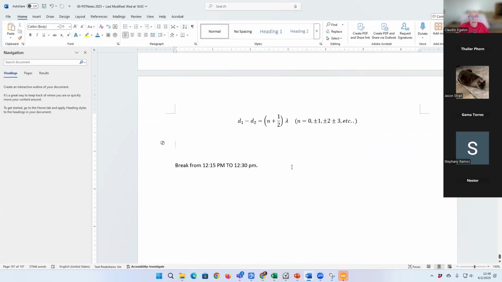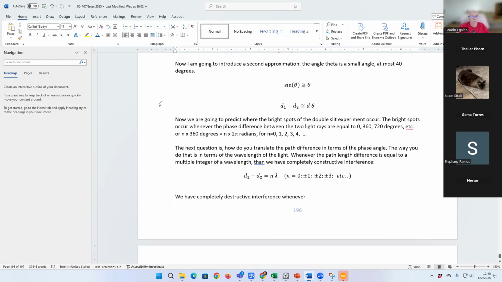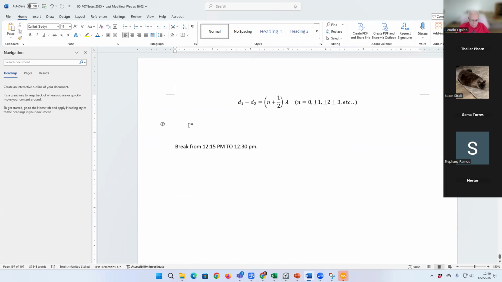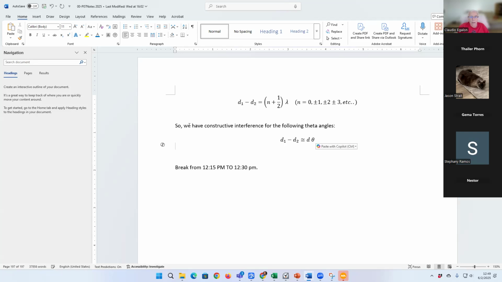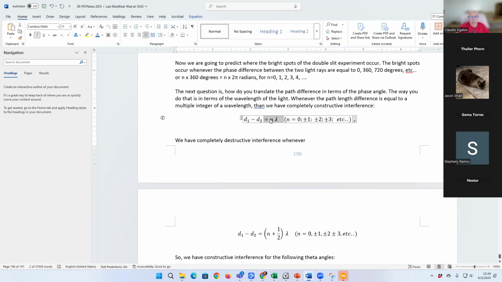So now we can write that down. We are going to have constructive interference for the following theta angles: d sin theta equal to n lambda.